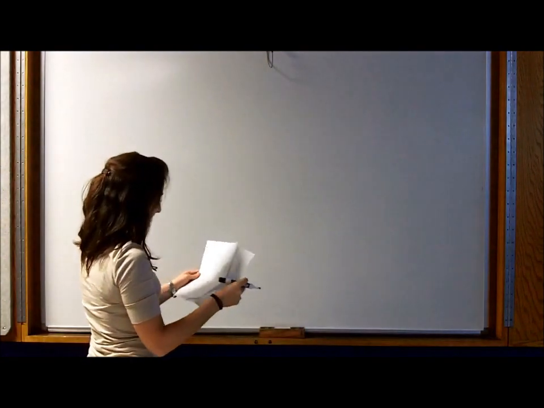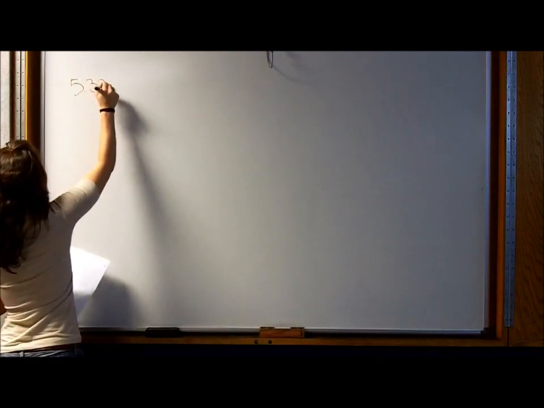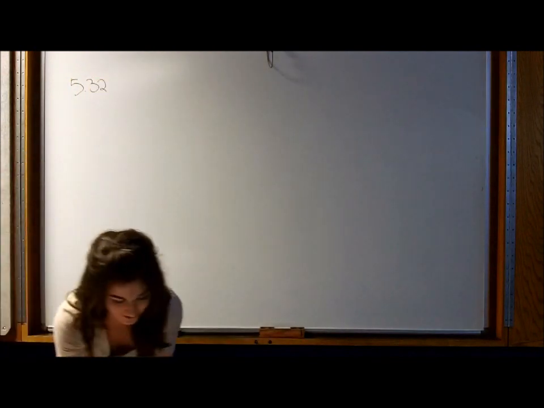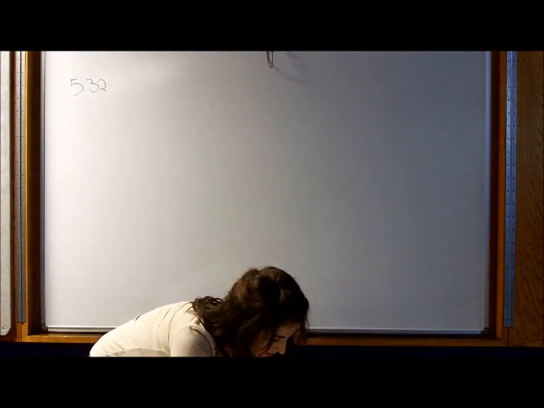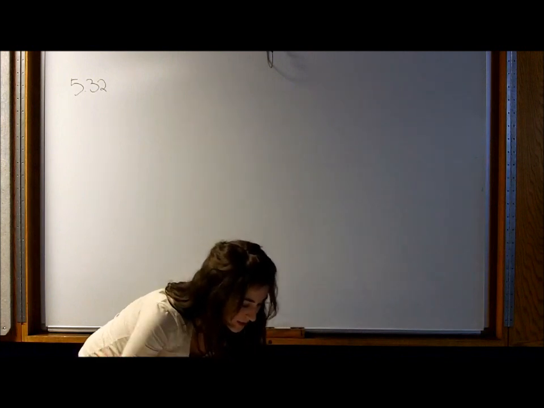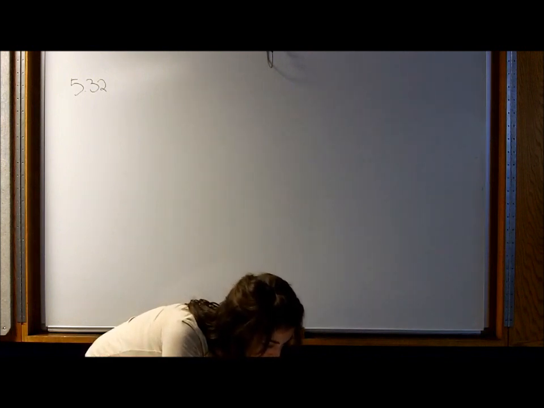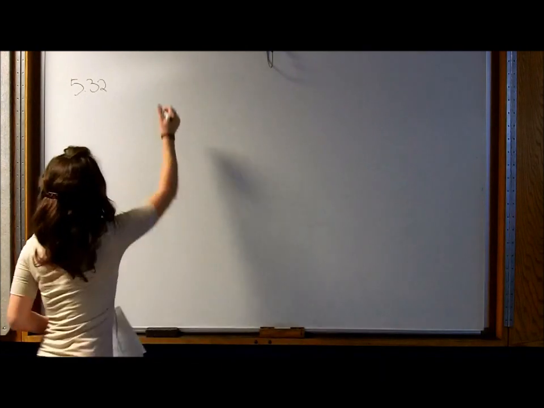So we're going to do one more, and this is problem 5.32. And on this one, we're going to be using a little bit more of the PV equals nRT equation. It asks for the density of freon, and it gives it at 120 degrees Celsius and 1.5 atmospheres.